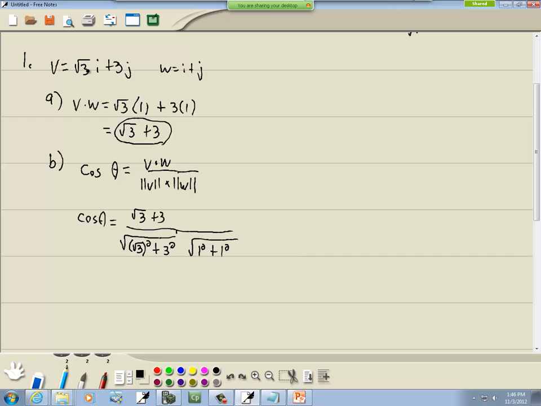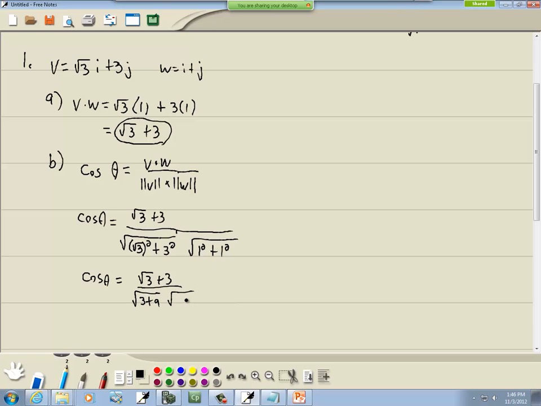So you take the number before the i, square it, number before the j, and square it, and put a square root over it. For the w, the number before the i and j is an invisible 1, so we got 1 squared plus 1 squared. Which gives us square root of 3 plus 3 over, you square the square root, it just gives you 3, plus 3 squared is 9.